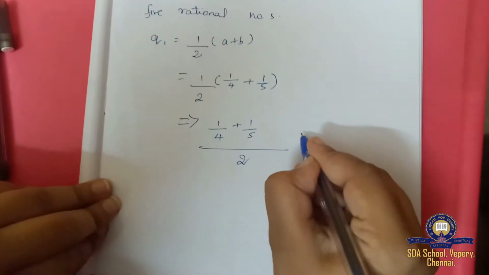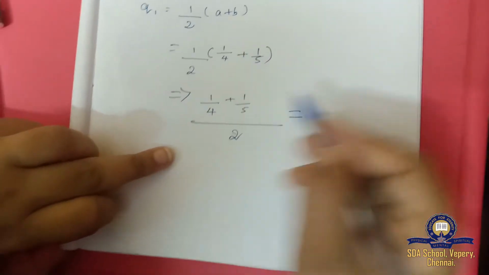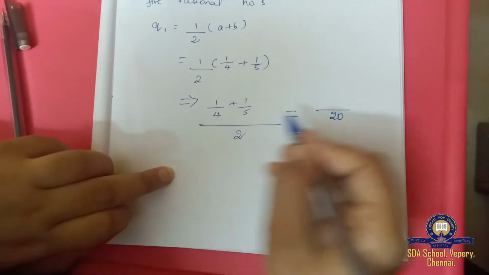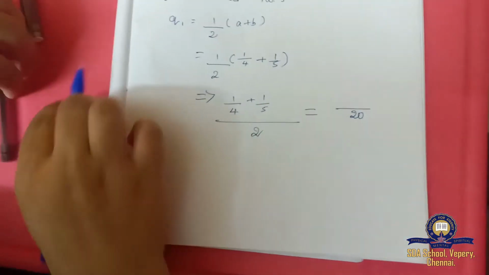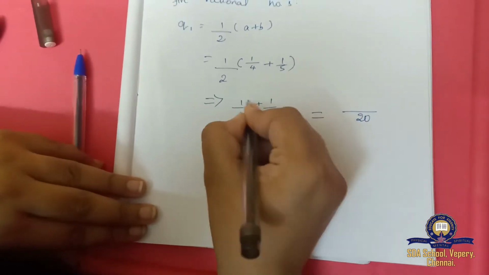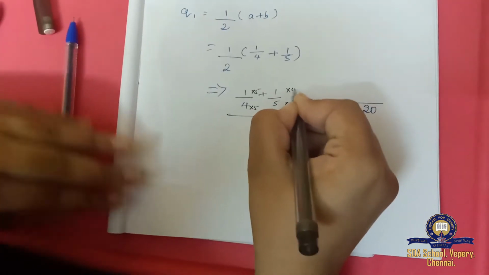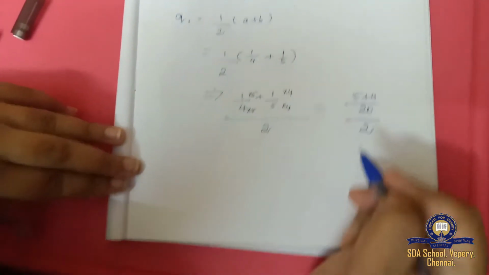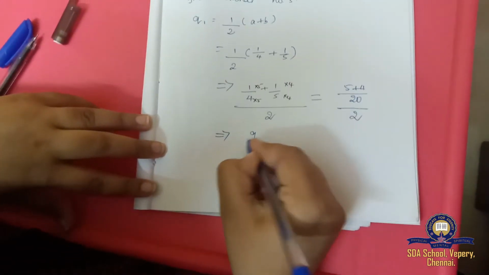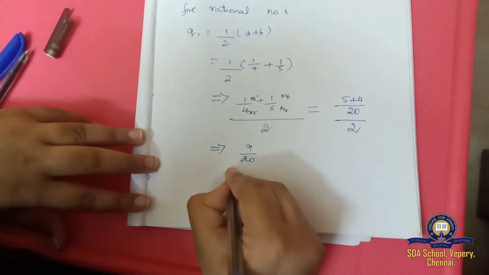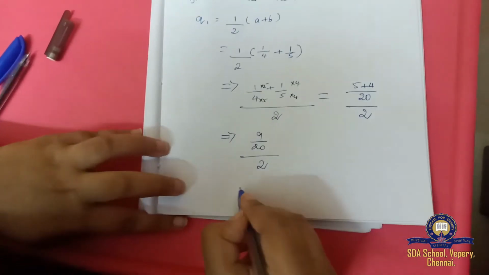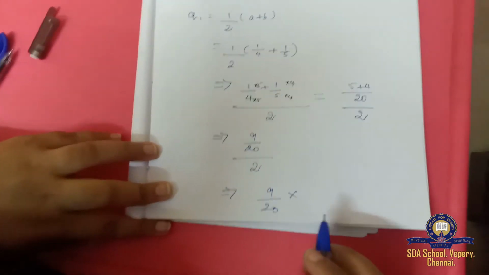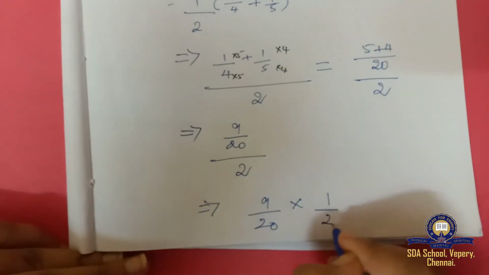Get it, students? First of all, take the LCM for the numerator. What will the LCM be? 20, isn't it? For 4 and 5. Therefore, I have to multiply this with 5 and this with 4. So it will become 5 plus 4 divided by 2 as usual, which in turn will give me 9 by 20 divided by 2, which becomes 9 by 20 into 1 by 2.